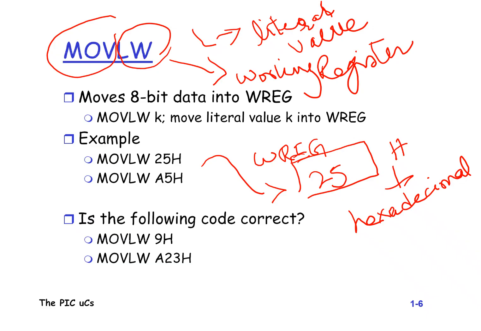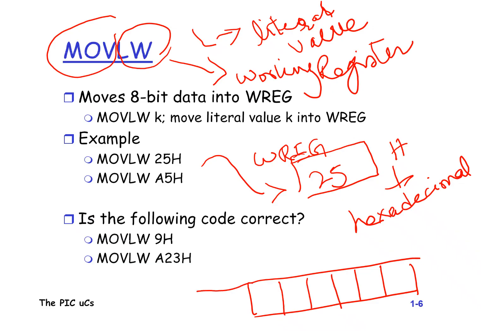Currently, the working register has slots for 8 bits: D0, 1, 2, 3, 4, 5, 6, and D7.